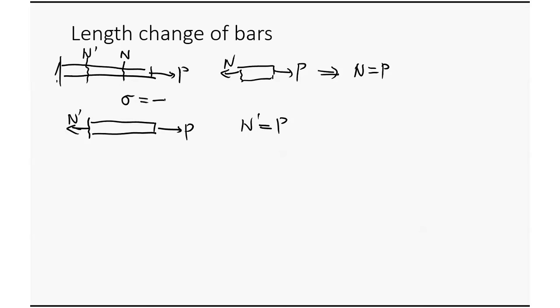That means here your stress is equal to P over A, and here the stress is also P over A, the same value. So the stress in this bar is uniform. That's the concept you need to set up in your mind. In a long bar, when you stretch it, the stress is the same everywhere, uniform.